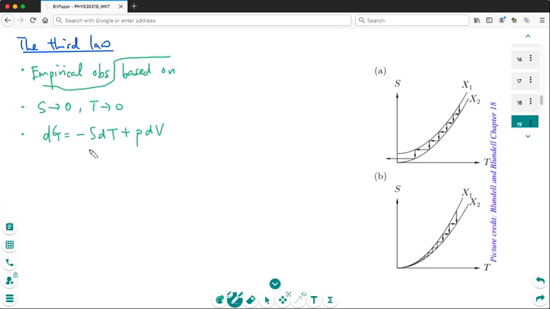This S, this entropy, is a partial derivative of Gibbs with respect to T. So if we know the absolute value, this is not written as a change, it is written as the quantity itself. Therefore it's actually meaningful to have some scale given for this entropy. We don't want to just know the change, we also want to know the absolute value.